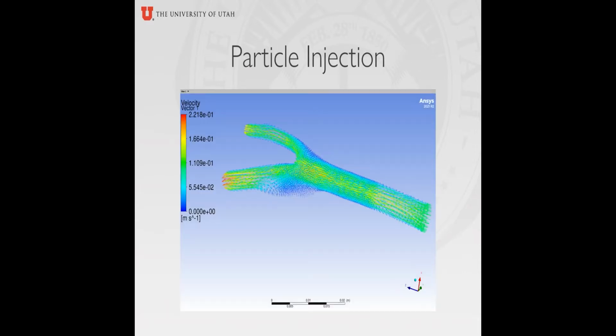We'll also be doing something called particle injection on this simulation. In the past, all of our simulations have been one single time frame, so this wasn't too much of a concern. But now our simulation is going to be changing with each time step. What we do with particle injection is seed little tiny particles at the inlet here, although they can be at any arbitrary location within the simulation.